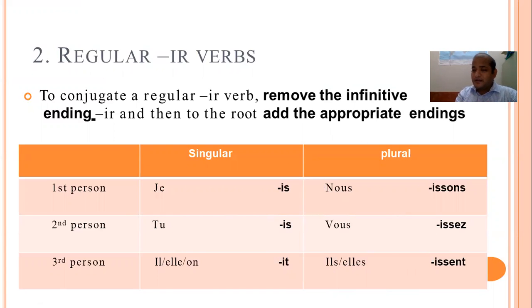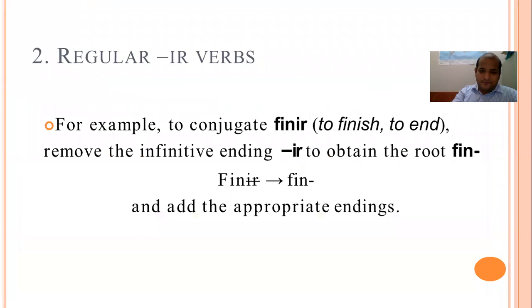So we'll be conjugating the regular verbs now. There is a group of regular IR ending verbs, and they will have this same ending. We will not deviate from this one. In the next slide, I will show you the verb. For example, we have a verb called finir. Finir is to finish or to end.